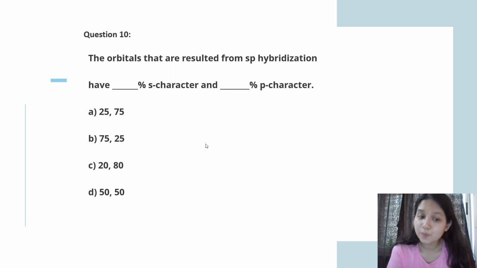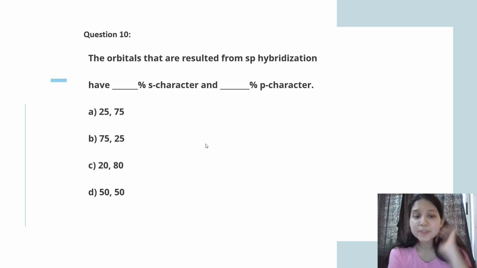You are given 4 options A, B, C, D. You have to find out how much percentage of s character and how much percentage of p character one sp hybridized orbital will have. I hope this is a very simple question. Will anyone try the answer? Yes, very good. For sp hybridization, it will be 50-50.